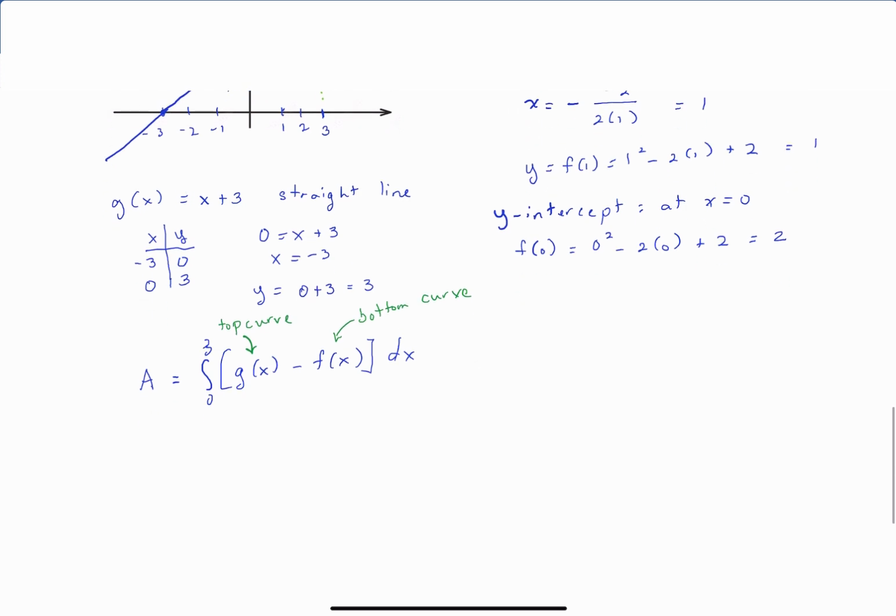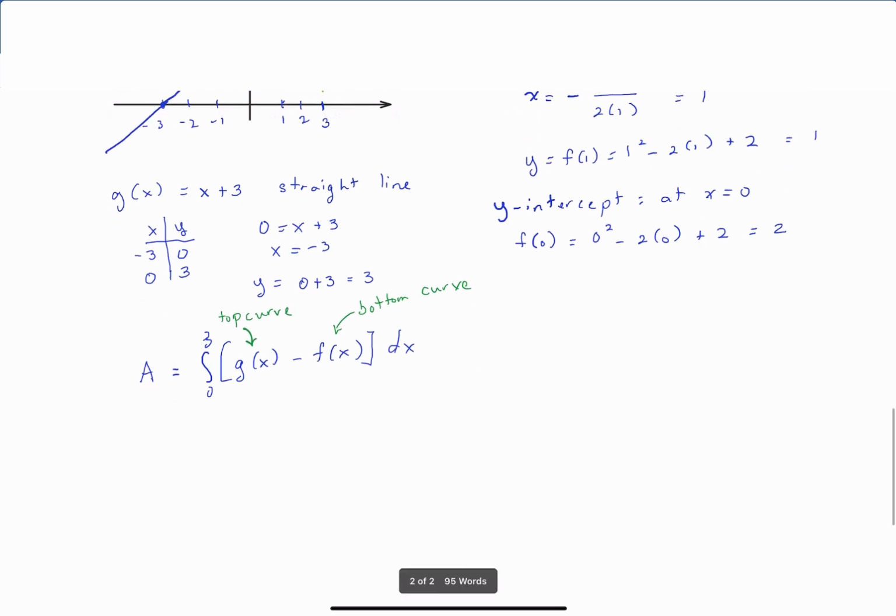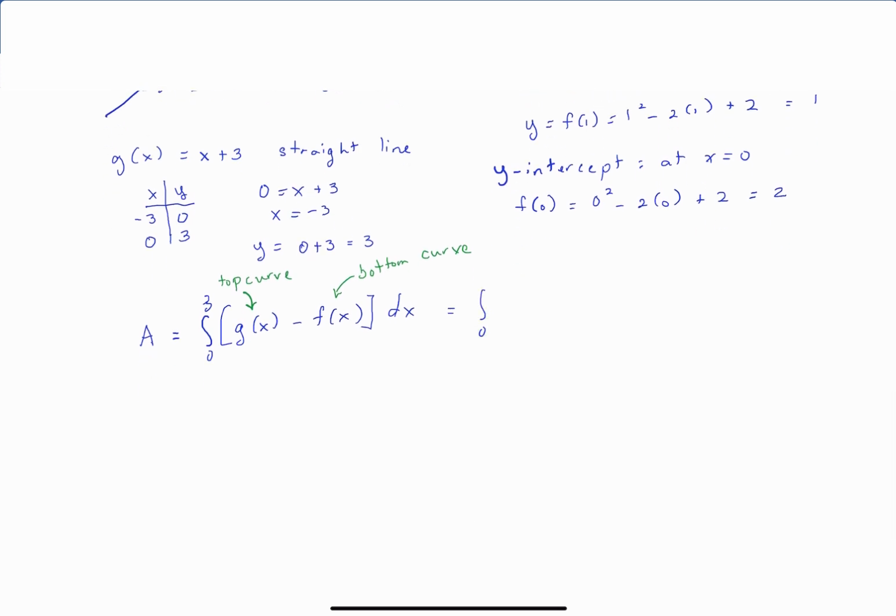Let's put the formulas in. G of x was that straight line, x plus 3, and f of x was the parabola, x squared minus 2x plus 2. Let's simplify the thing we're integrating. I'll start by distributing the minus sign into the parentheses.